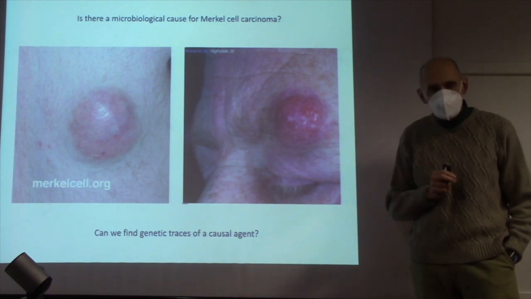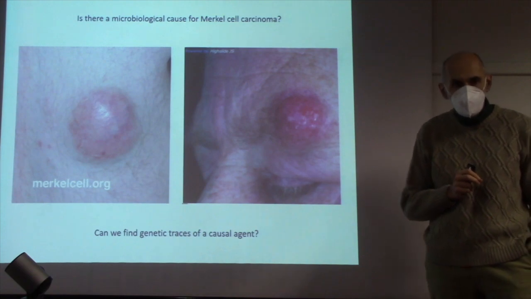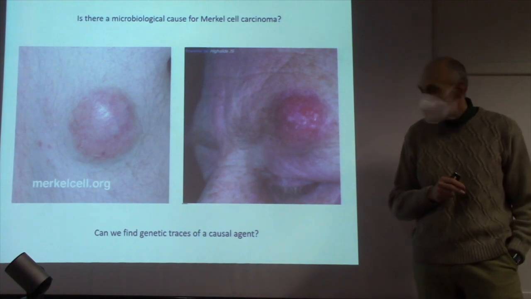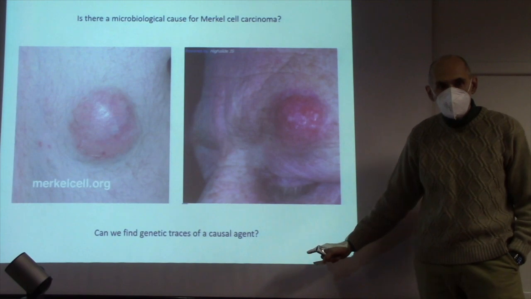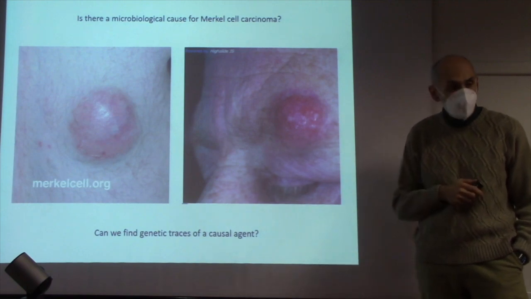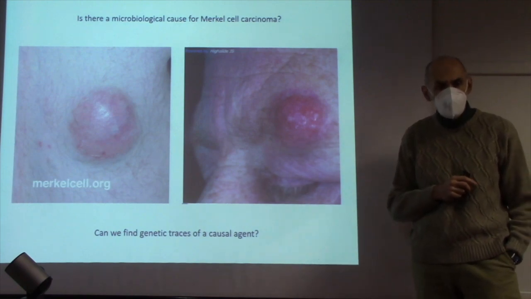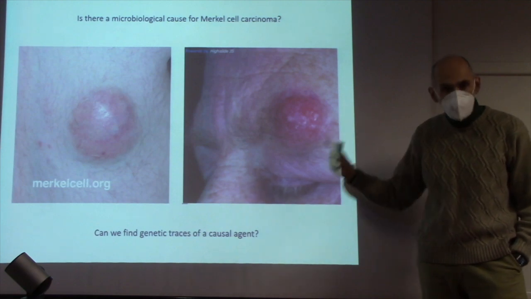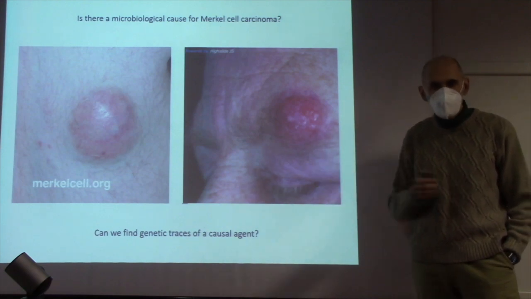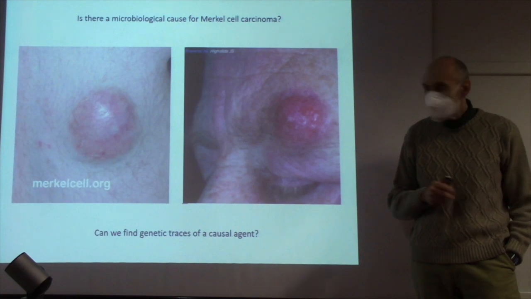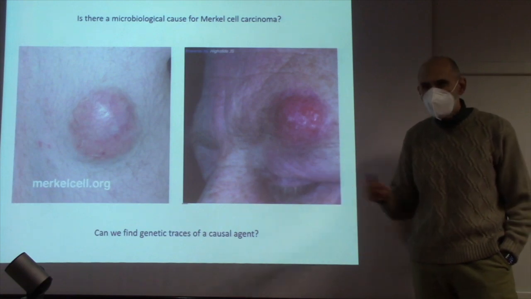Polyomaviruses are tumor viruses for many animals, but until this paper, no polyomavirus was found to be tumorigenic for humans. This is the one and only exception we know at the moment, and it is tumorigenic only for immunodeficient humans.